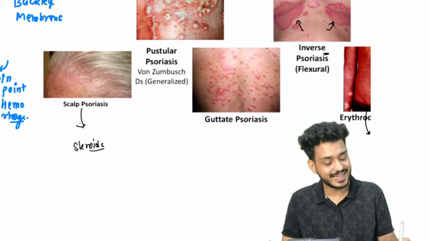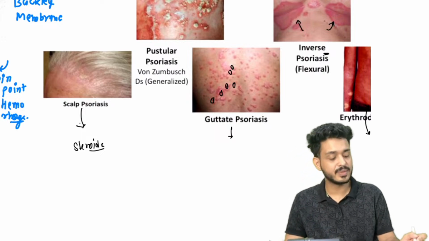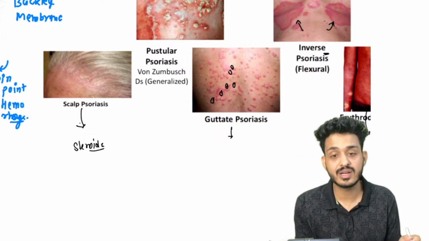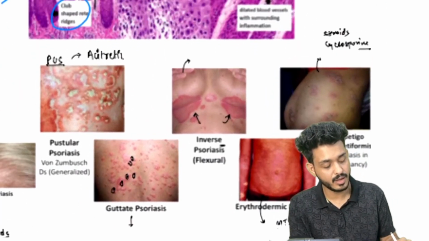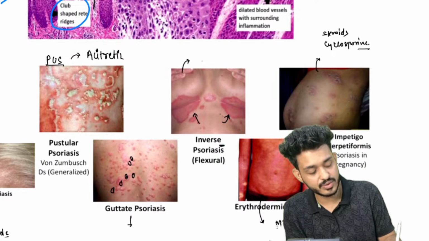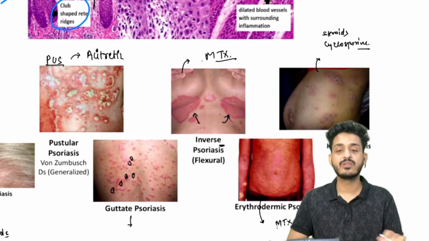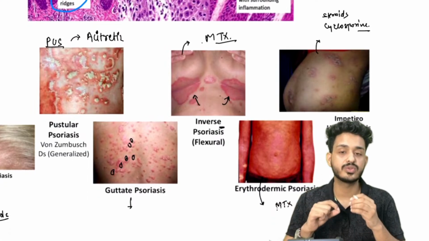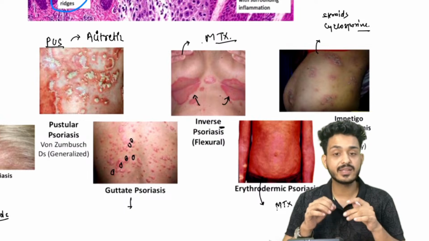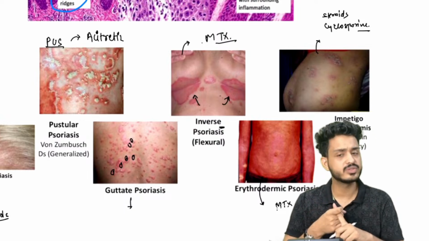Okay, and this is guttate psoriasis. Can you appreciate this gutta-like structure? What is the drug of choice for this particular thing? For inverse psoriasis also we are using methotrexate, guys. But guttate psoriasis is the question. This is the examiner's question, because you will be thinking that maybe I can use methotrexate, maybe steroids, maybe acitretin.